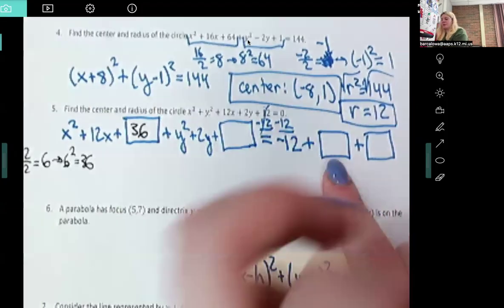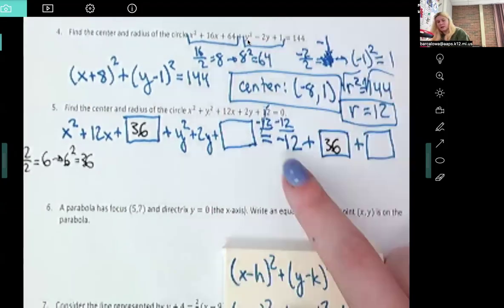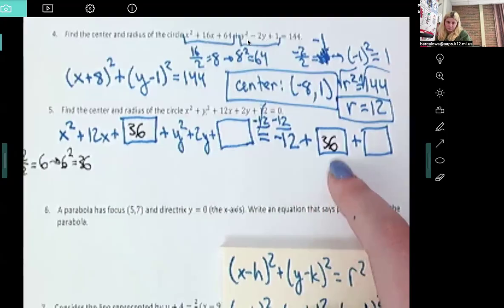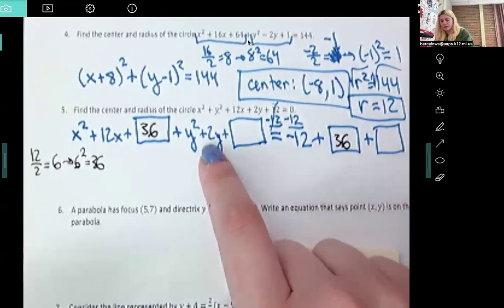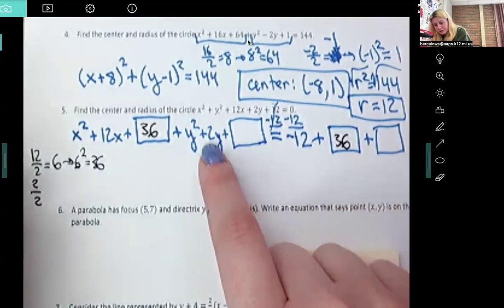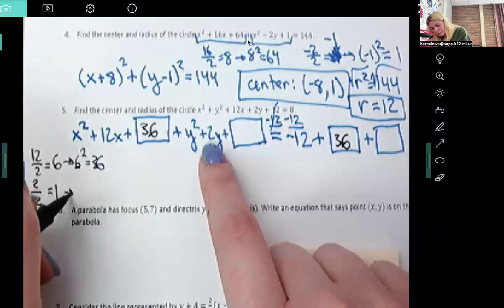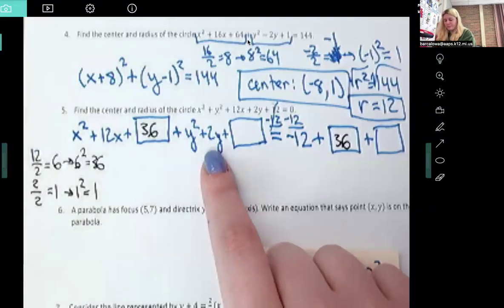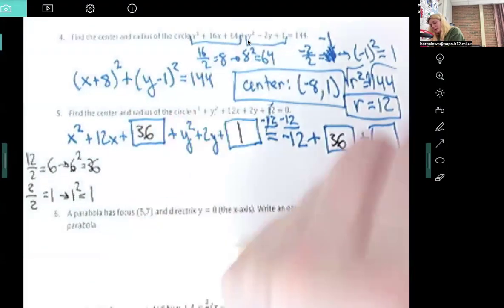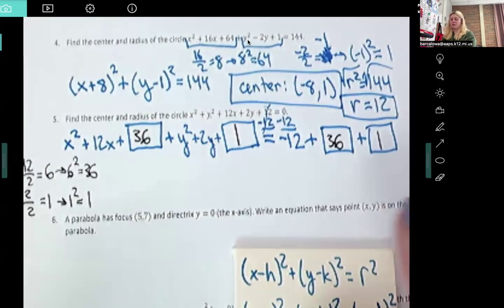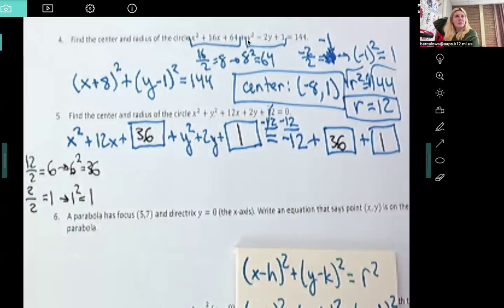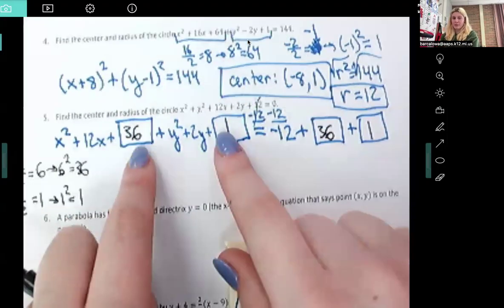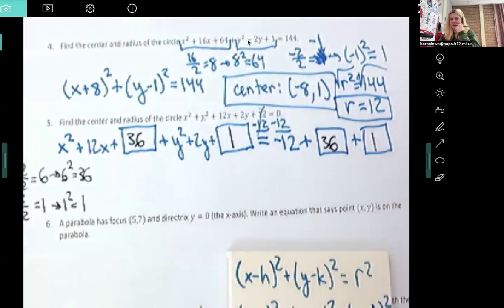And then let's fill in one of our squares on the other side of the equals. Okay, then here I have 2. 2 divided by 2 is 1. 1 squared is still 1. Okay, so I'm going to add a 1 here. And again, a 1 on the other side. So do you see that? I had a lot of students making that mistake on the second check-in. Okay, if you're adding stuff on one side, it has to be added on the other as well.